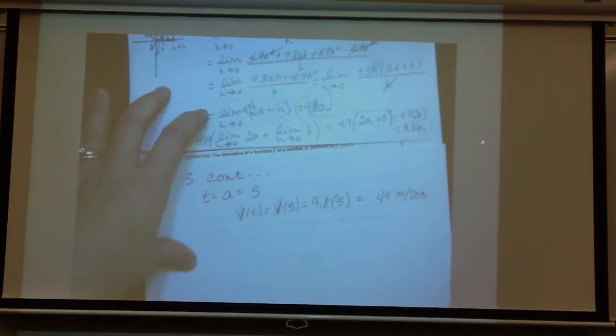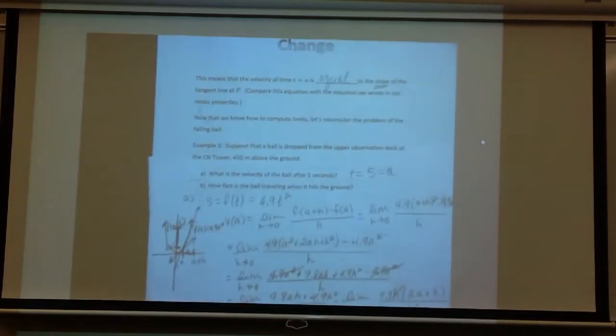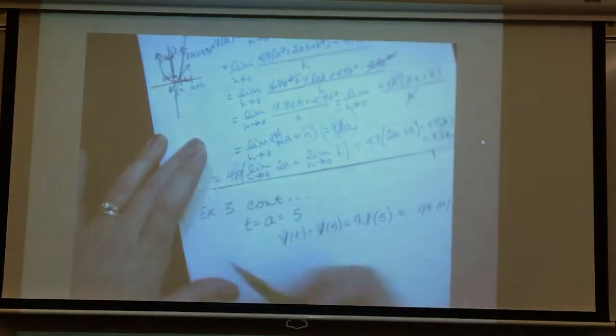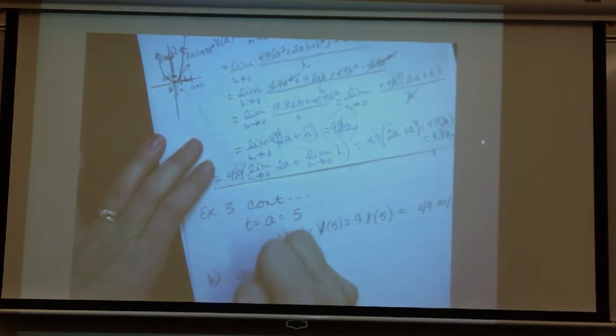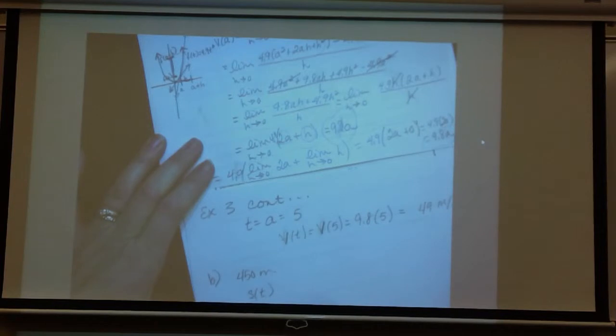Okay, so now we're back to part B. How fast is the ball traveling when it hits the ground? Since the observation deck is 450 meters above the ground, the ball will hit the ground at the time t when the position at that time equals 450 meters. Okay, so that is when our position function, 4.9t squared, equals 450.